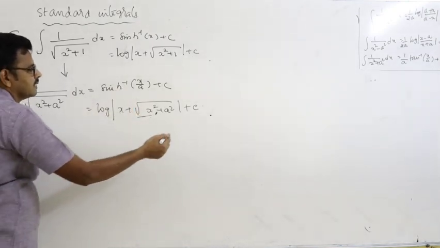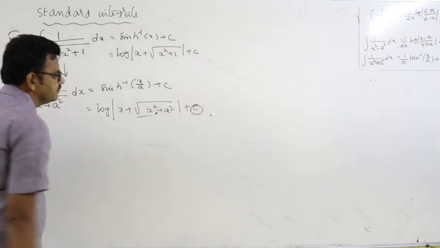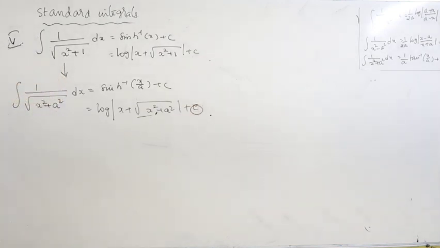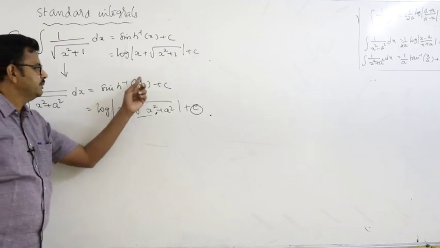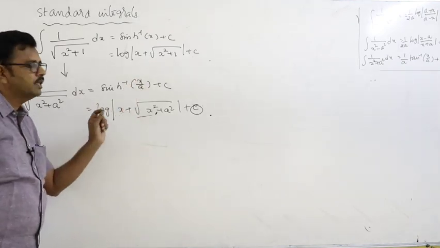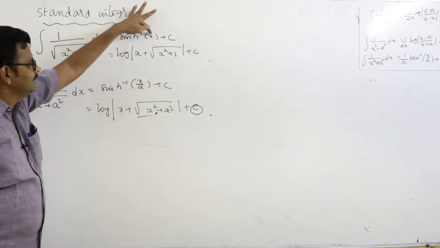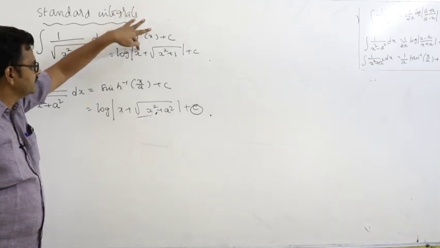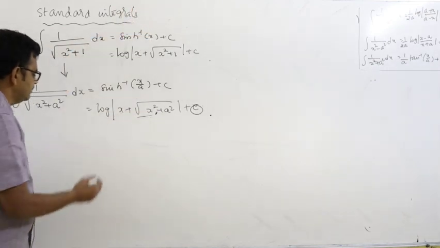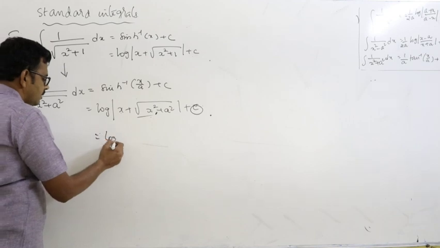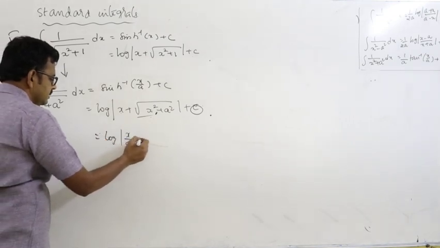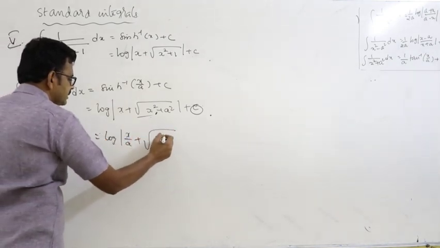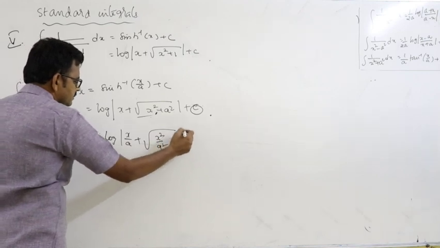Log a treated as a constant, you can put in terms of c. So, sin h inverse x by a, or in terms of log, maybe you have a small doubt. Sir, in place of x, I want to write x by a. This becomes log of x by a plus root of x by a whole square plus 1.